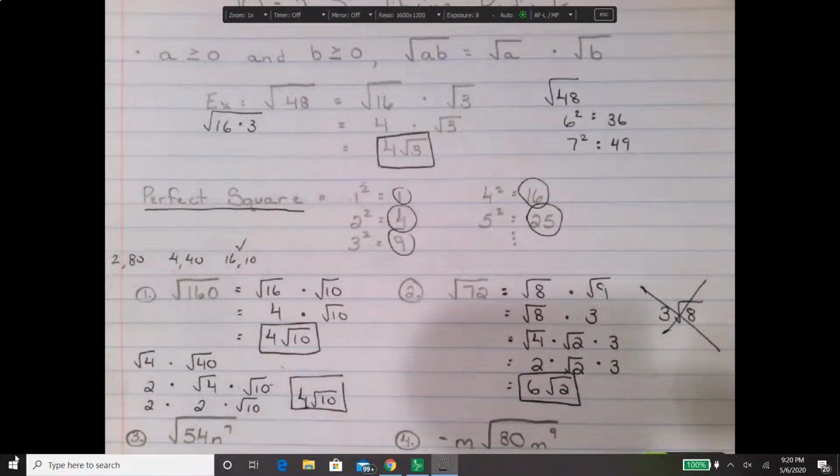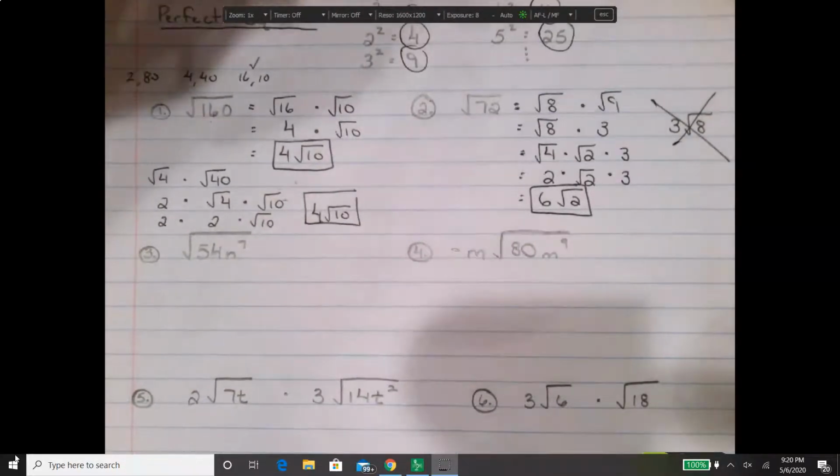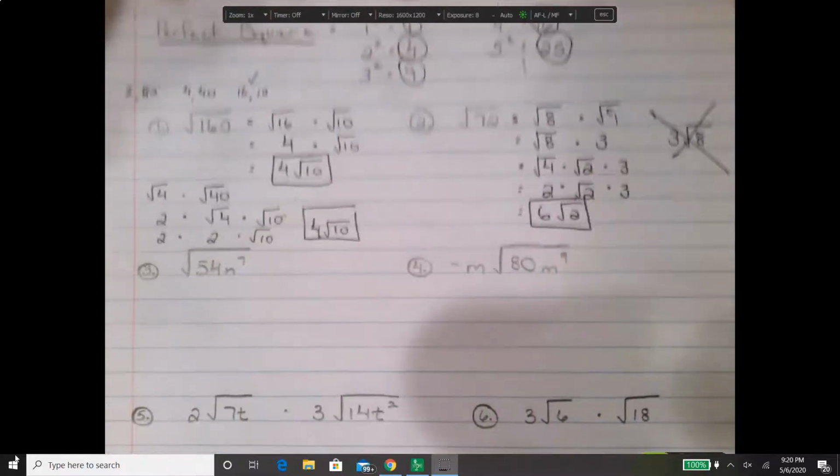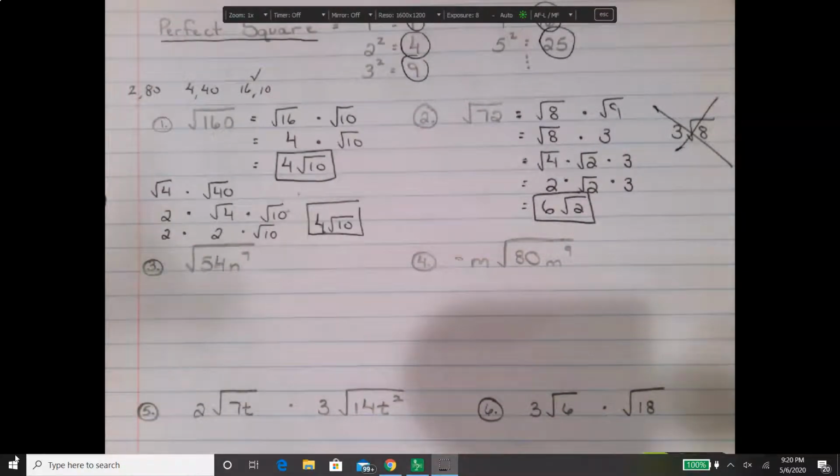Let's go ahead and look at some problems that feature some variables in them. So let's look at number 3. I have the square root of 54 times n to the 7th power. When we solve one like this, we're going to continue to do the same thing with the number that's underneath the radical.